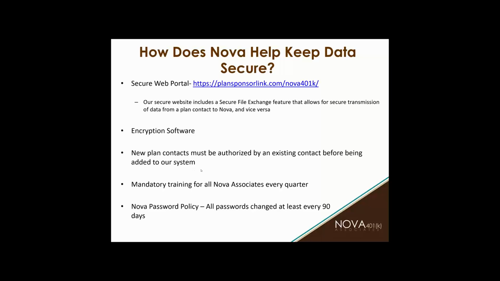Another way is anytime a new contact wants to be added to the plan, we have to get authorization from a current contact. So for instance, yesterday I had someone call me who wanted to talk about a specific client of mine and their plan. Well, that person was not listed as an approved contact in our system.